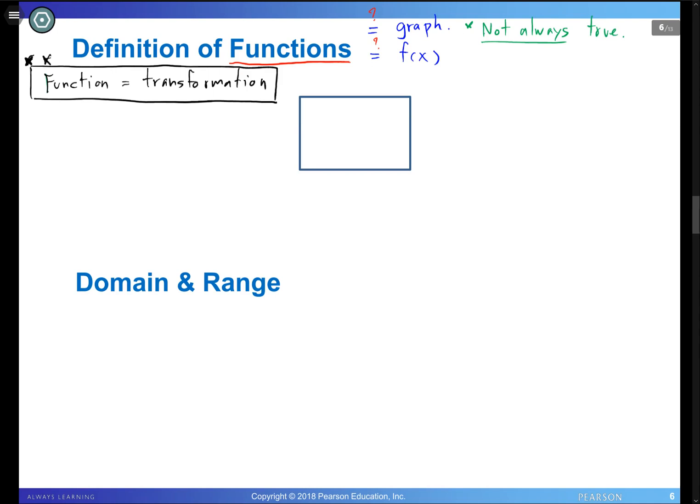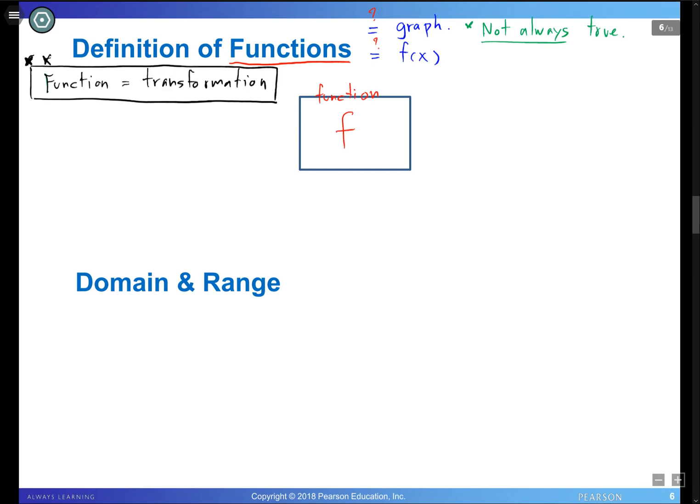So let's take a look at this illustration right here. Let's assume that this box in the middle is a function. And its job is to change something into something else. Well, transformation, right? This is going to be a function. And for some reason, I'm going to name it f, big F right here.